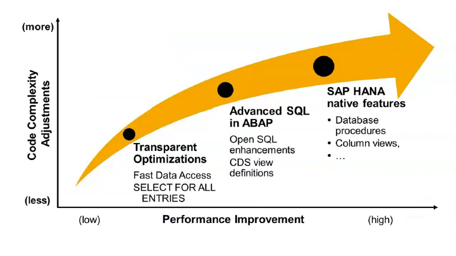Performance wise, in HANA we'll have a huge rise in performance: transparent optimizations, advanced SQL in ABAP, and HANA native features. So these are all the options that we have in the HANA database.